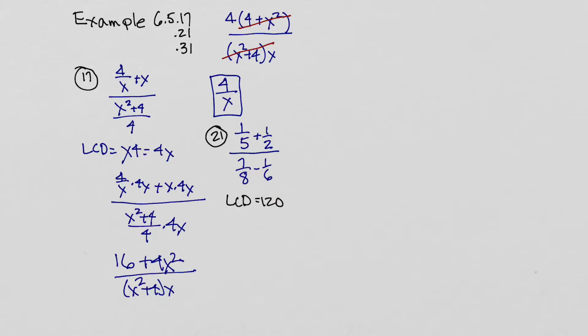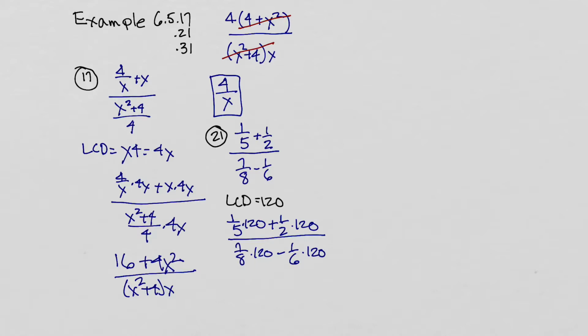So what I'm going to do now, according to the general procedure, is put that 120 here, here, here, and here, right next to all of the originals. So it's going to be 1/5 times 120 plus 1/2 times 120 over 7/8 times 120 minus 1/6 times 120. Now, 5 will go into 120 24 times.